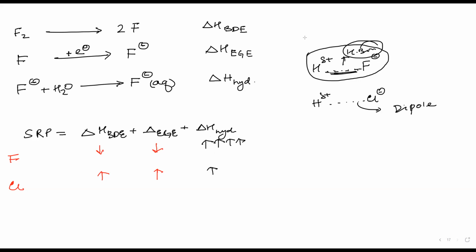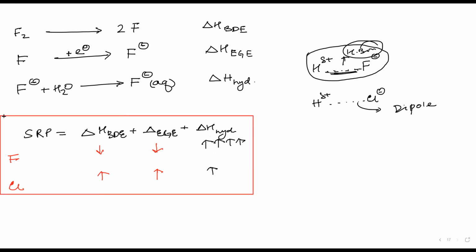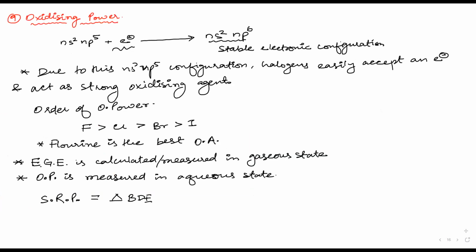Now this is the reason why we say that fluorine is the strongest oxidizing agent. If you write these 2 points, that will be enough.